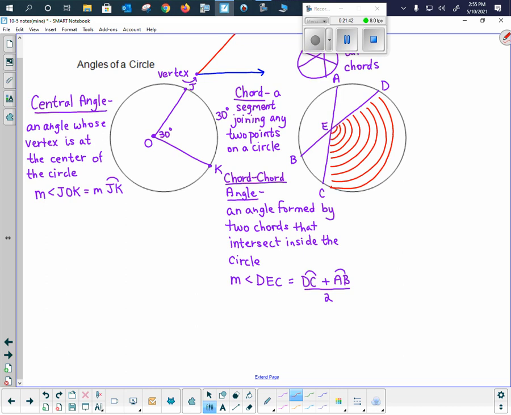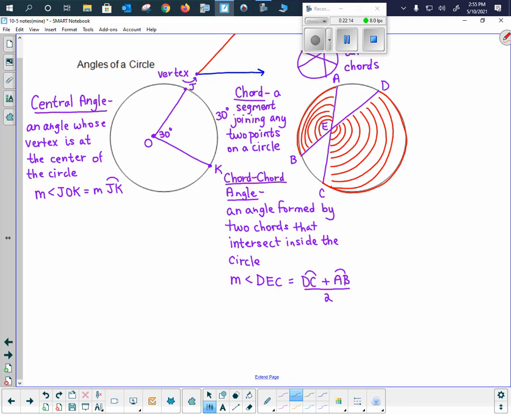The only arc that I see in there is this arc from C to D, or D to C, whatever you want to call it. And I'm calling the rest of that a wall that's blocking it off there. If you go with its vertical angle, which would be over here, and you radiated out again, the only arc you would end up hitting is AB. So notice it's the two arcs on the outside, DC plus AB over 2.